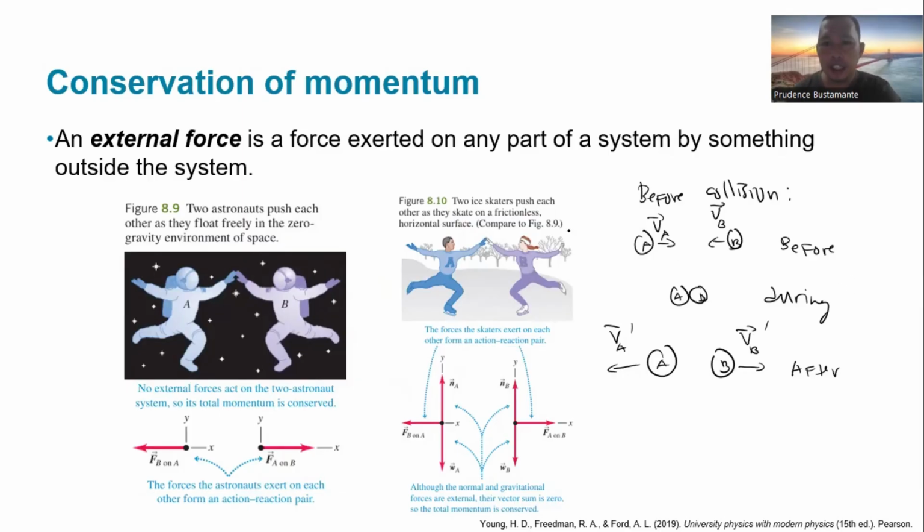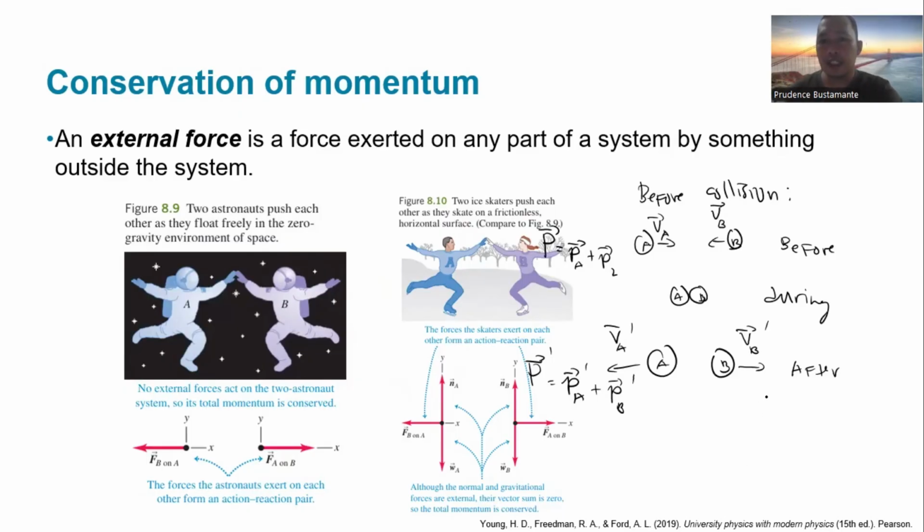So here they have an initial total momentum, VA plus VB. After the collision, they have a final momentum like this, VA prime plus VB prime.